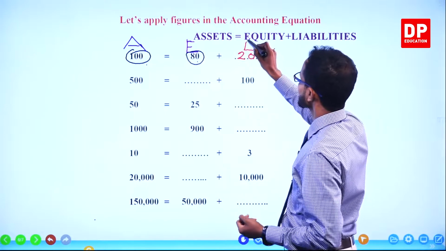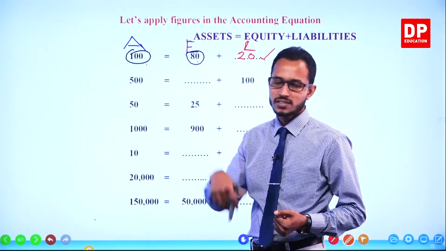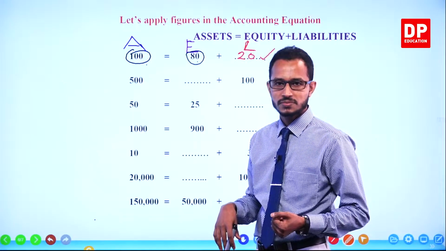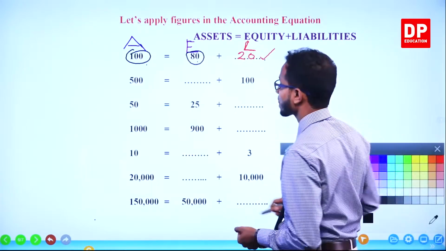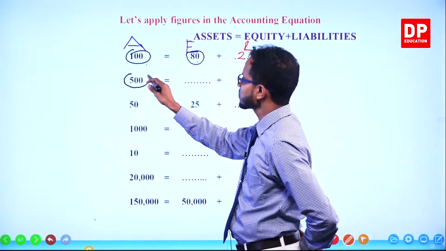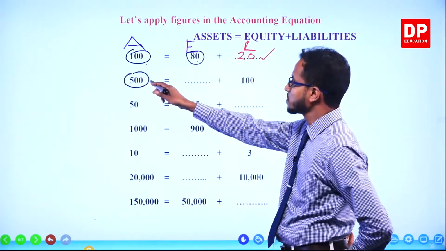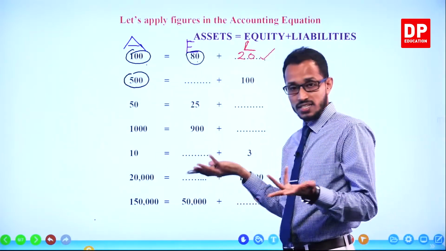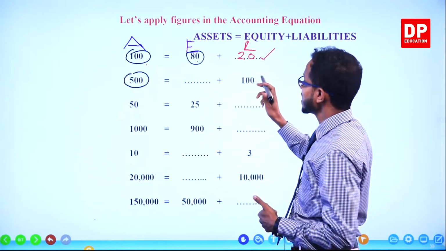20 must be borrowed from external parties. Let's go ahead. If 500 worth of assets are in a business, and we don't know the equity, how much is invested by the owner, but we know the liabilities, that is 100.